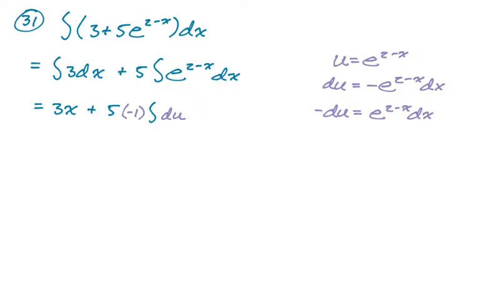If you're integrating an exponential, you let u equal the exponential, you always end up integrating just du. It's kind of like magical. I mean, you can see the work and why it happens, but it feels magical. So let's finish this. 3x minus 5, the integral of du is u plus c, and then we substitute back in. We get 3x minus 5 e to the 2 minus x plus c.